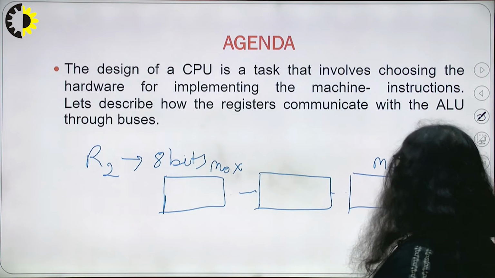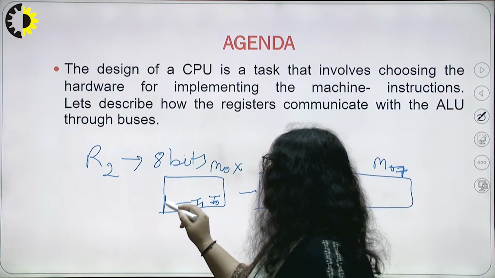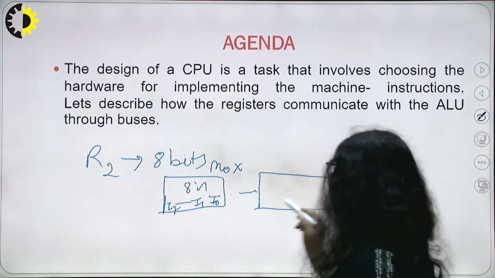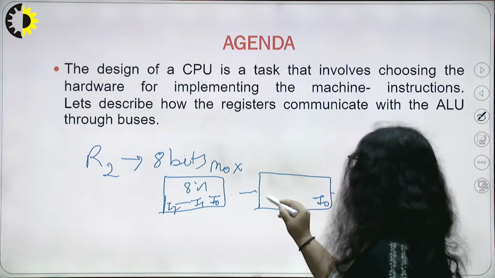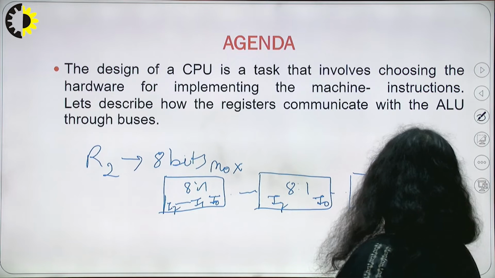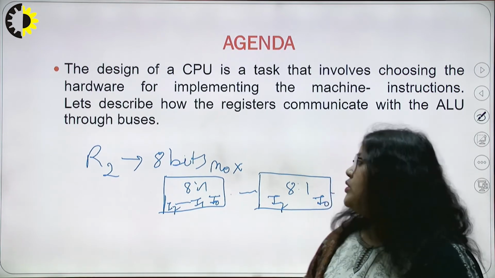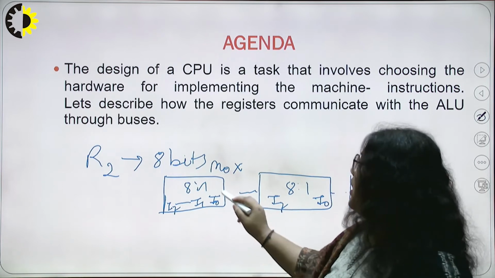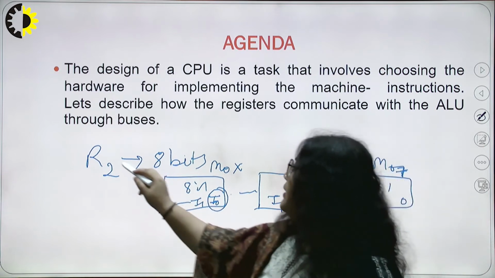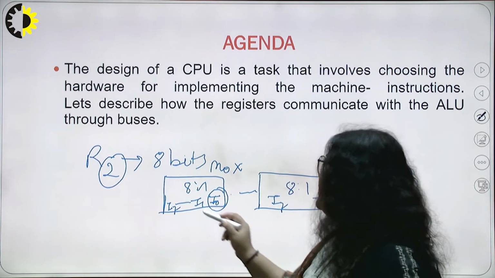Each has inputs I0 to I7, because the size of the mux is 8:1. When the select input is 0 0, which input is selected? In this case the register is R2, so we have to consider that this is I2.